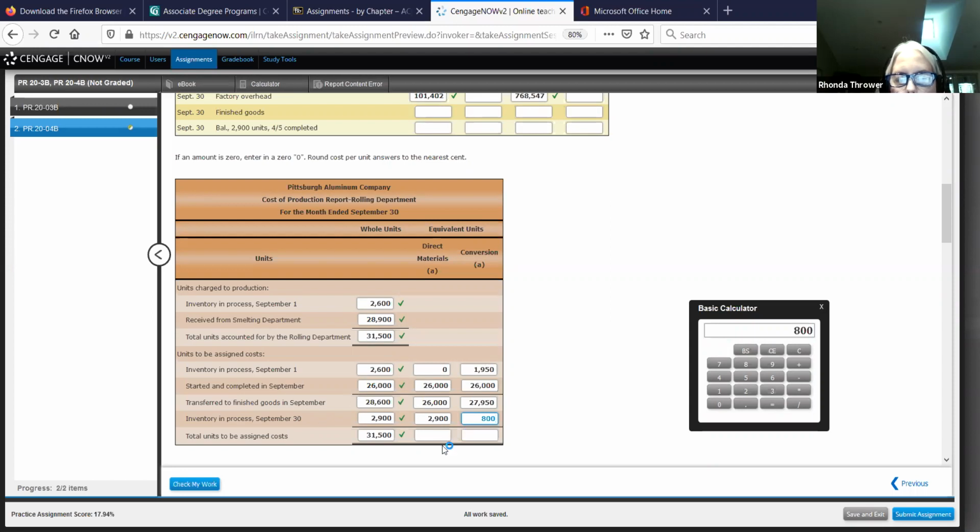To find the total units to be assigned cost for our direct materials, I'm going to combine both of these together. So 28,900 units would go here. And then I'm going to add that 800 units to the 27,950.